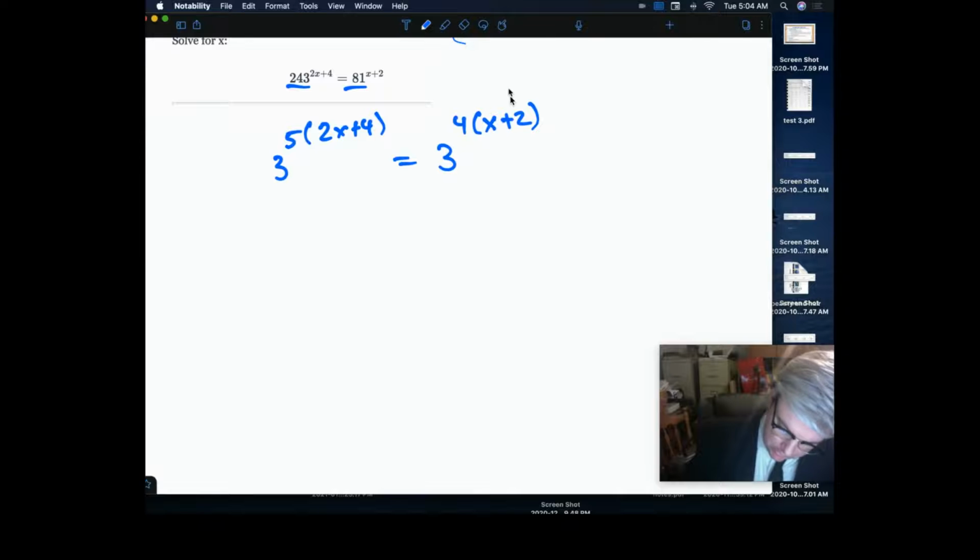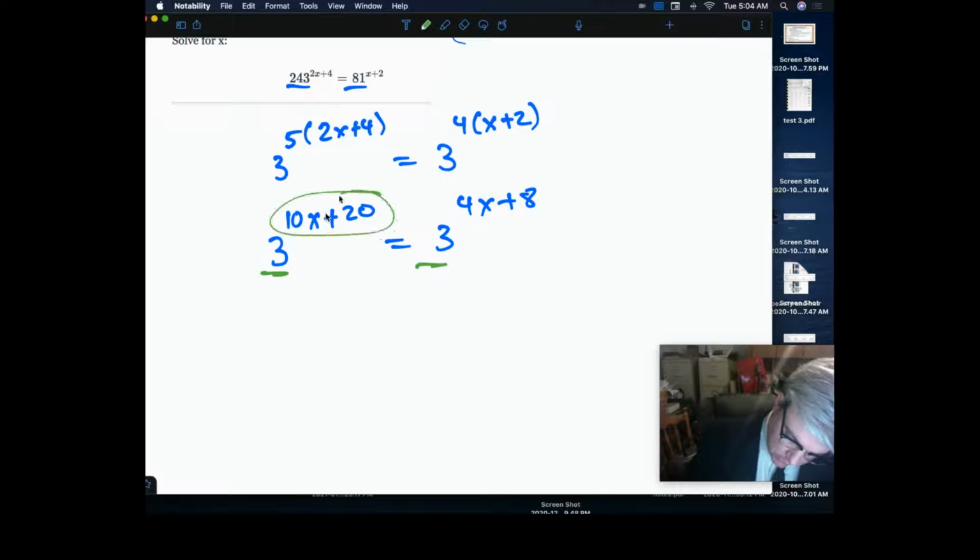Once you got that down, we can rewrite this as 3 to the 10x plus 20 equals 3 to the 4x plus 8. And because the bases match, the exponents match. 10x plus 20 equals 4x plus 8.